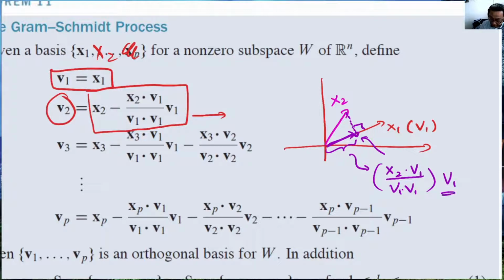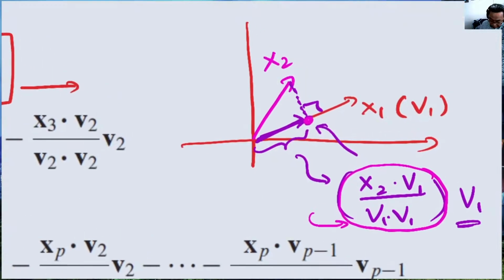So it is a line along V1, and it is scaled by this value. And this scale will bring it to a point along V1 that is closest to x2.